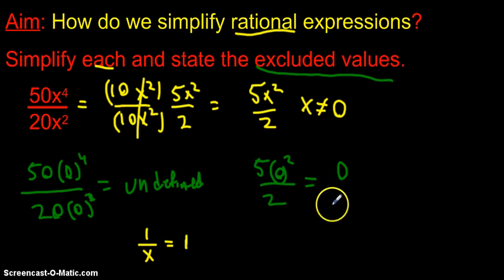But we call it undefined, and that's not really the purpose of the video to explain why division by 0 is undefined, but do know that 2 fractions can't be equivalent if one of them generates an undefined value at a number and the other one doesn't. So this is not equal to 5x squared over 2. This is equal to 5x squared over 2 when x is not equal to 0. So they are the same in that case.